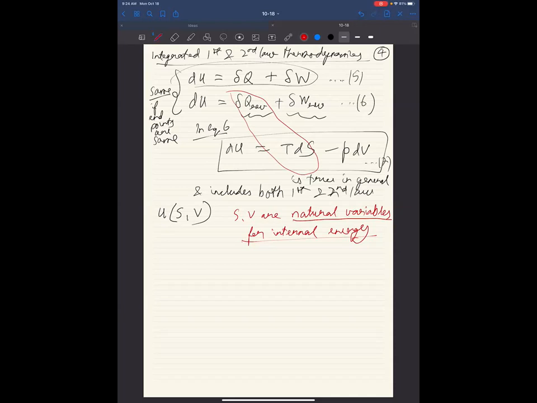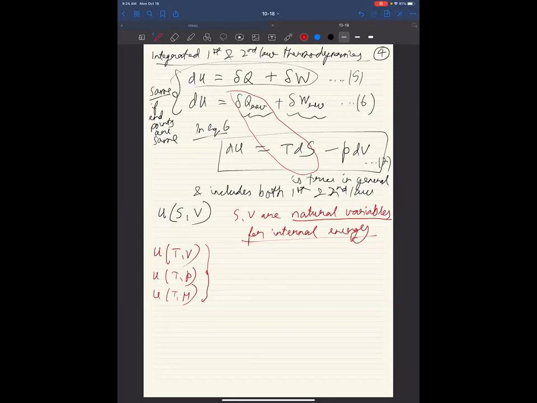Why do we call these natural variables? The reason is that earlier we wrote U as a function of temperature and volume, right? That's fine. We got an equation. We could have very well written U as a function of temperature and pressure. No one's stopping you from doing that. You could write U as a function of temperature and enthalpy. The problem with all of these is that when you write it in this form, you are not including all information from the first law and the second law of thermodynamics.